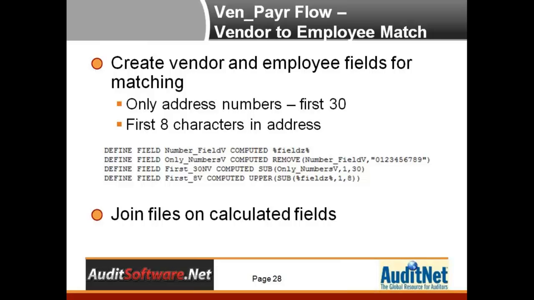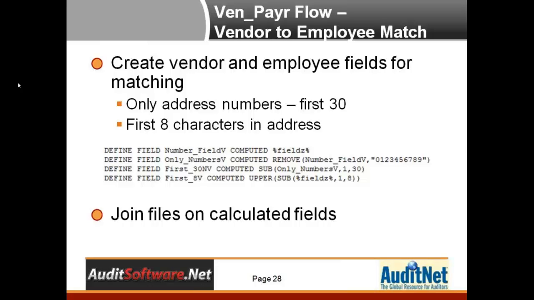One of the more classic tests is to test the vendor to employee master files, looking at either name or address. In this test, we're going to be looking at the address field and also taking a look at doing joins in different ways to get different and better results. First off, we're going to calculate a couple of expressions.